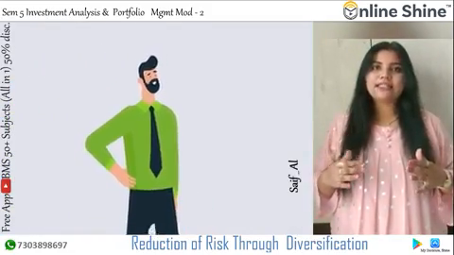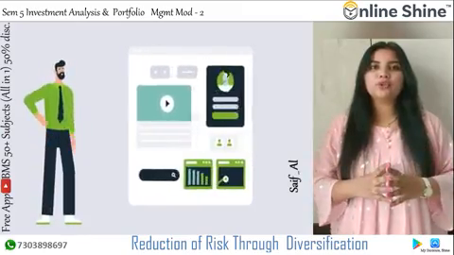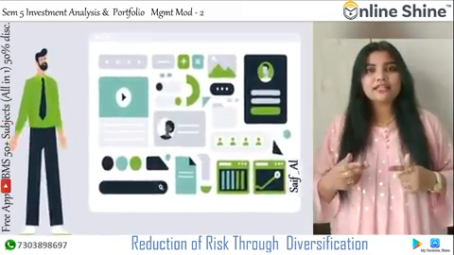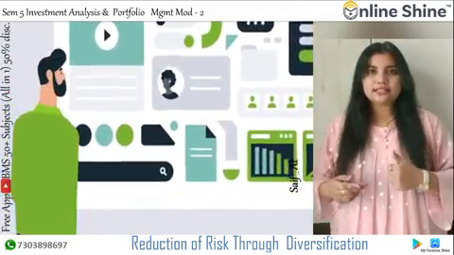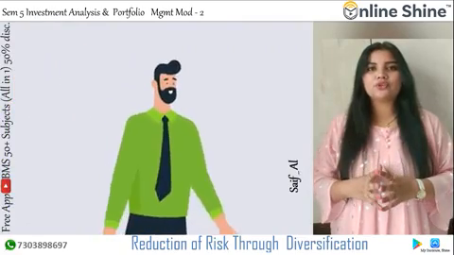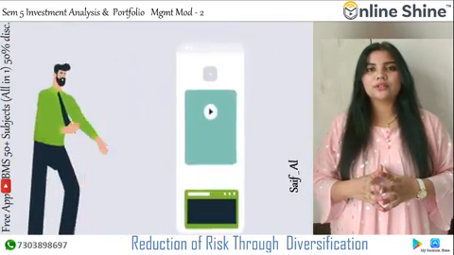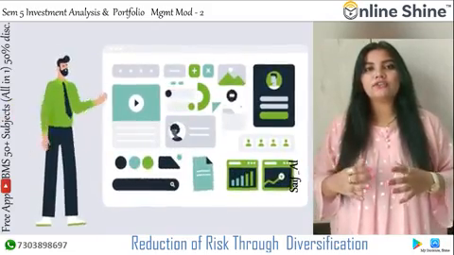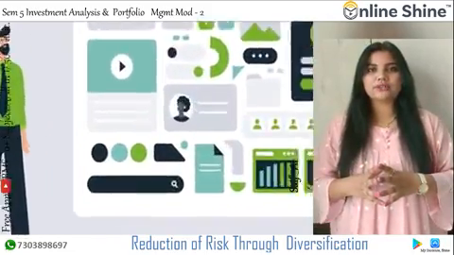However, ultimately, when the size of the portfolio reaches a certain limit, it will contain only the systematic risk of securities included in the portfolio. So, this is all about reduction of risk through diversification.